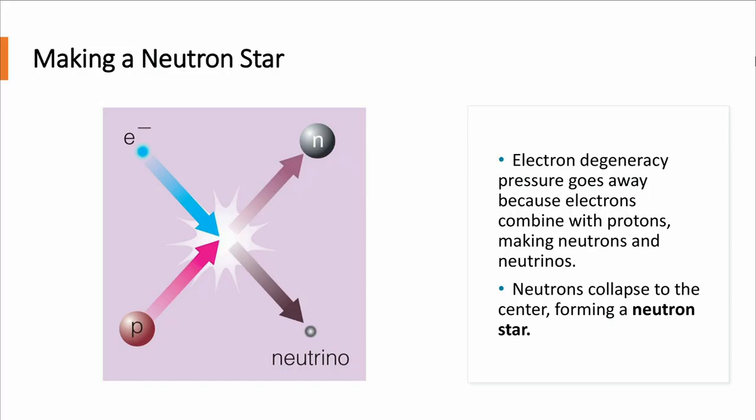This is why what's left at the core of the massive star is just neutrons. You have a ball of neutrons left over, and that's why this is a neutron star. It has enough mass that it could be a star, but all of the matter that makes up the star is neutrons.